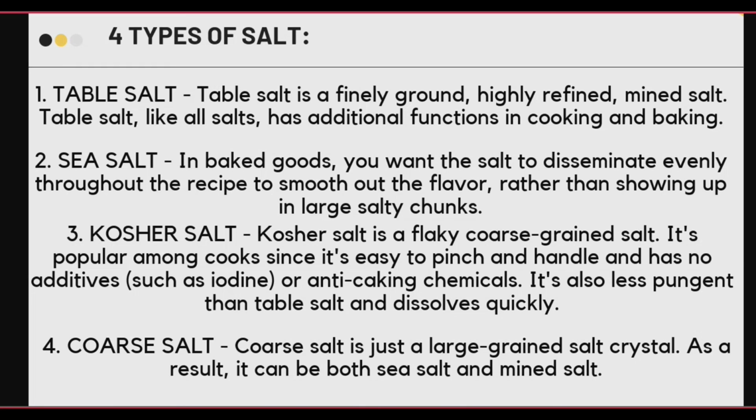It's popular among cooks since it's easy to pinch and handle and has no additives or anti-caking chemicals. It's also less pungent than table salt and dissolves quickly. Fourthly, coarse salt. Coarse salt is just a large-grained salt crystal. As a result, it can be both sea salt and mined salt.